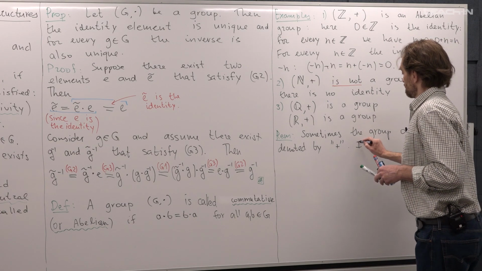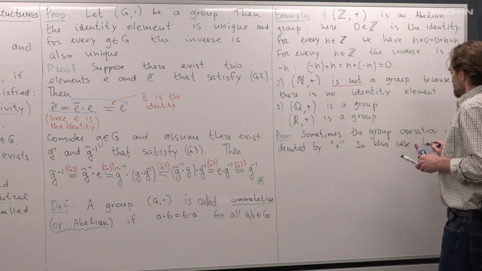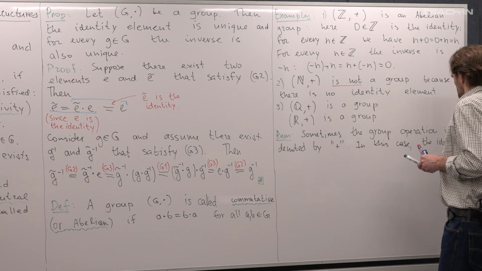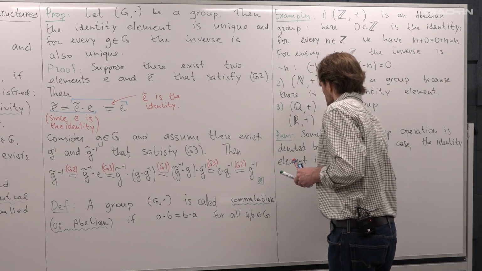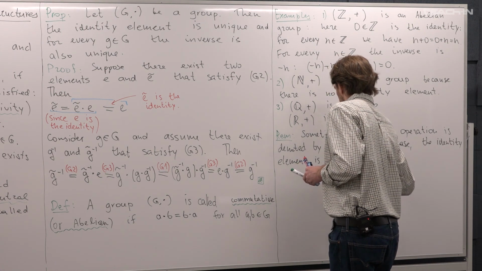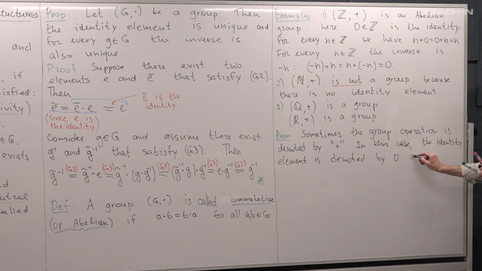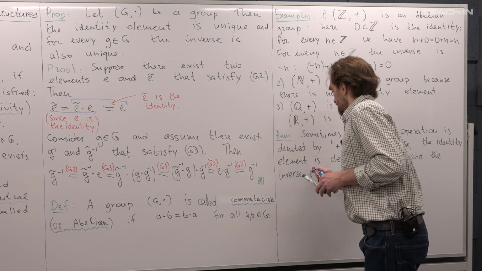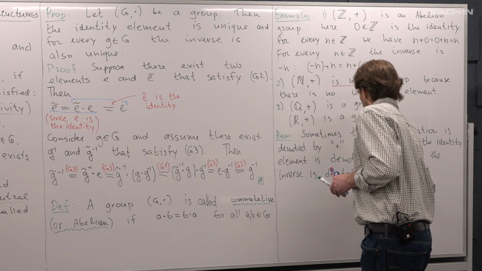And in this case, the identity element is denoted by 0, as we did it here, and the inverse is denoted by minus g.